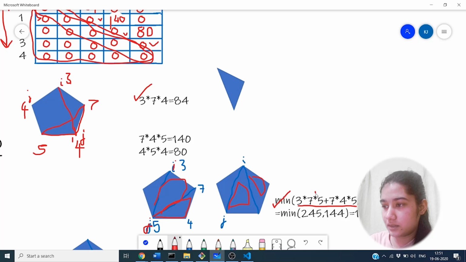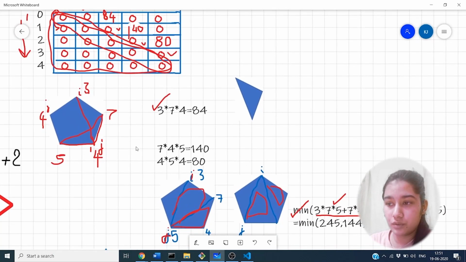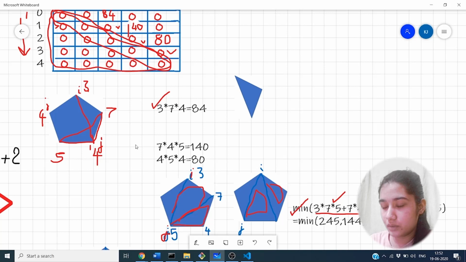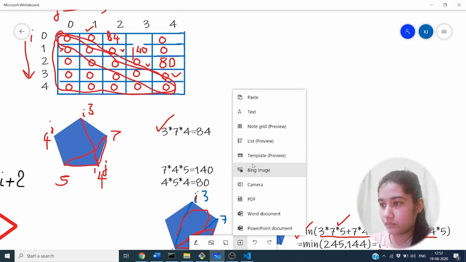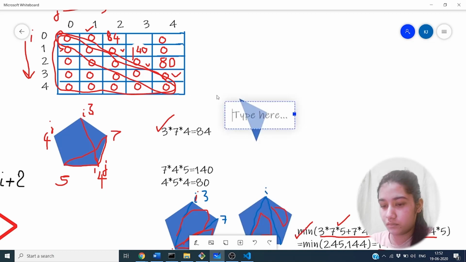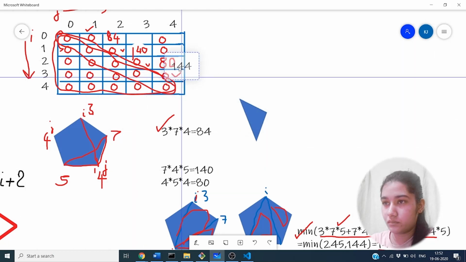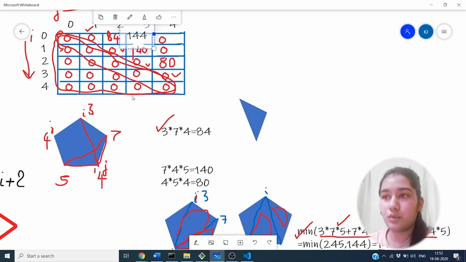As this is returning 245 and this is returning 144, its value is changed to 144. This was the condition when i was equal to 0 and j was equal to 3. So here the value is changed to 144.